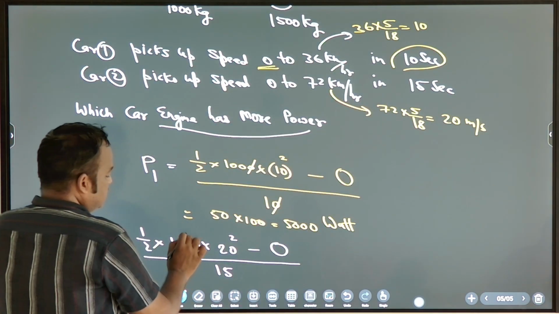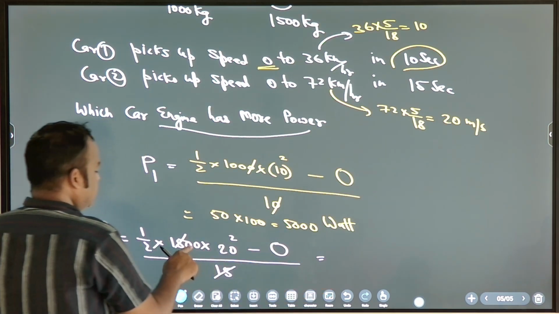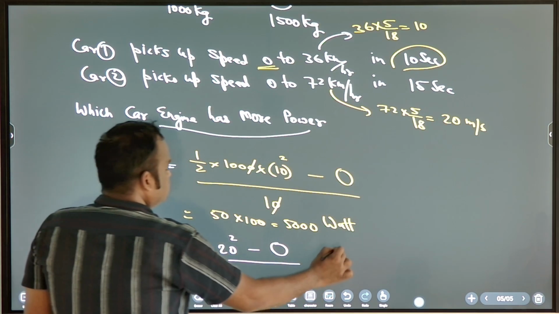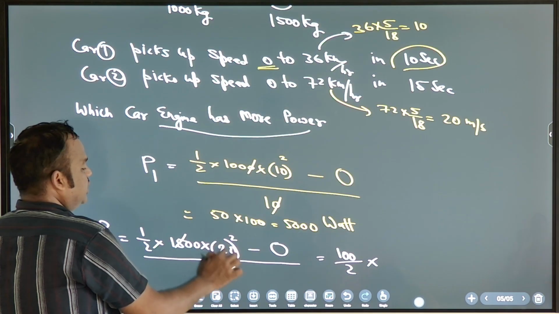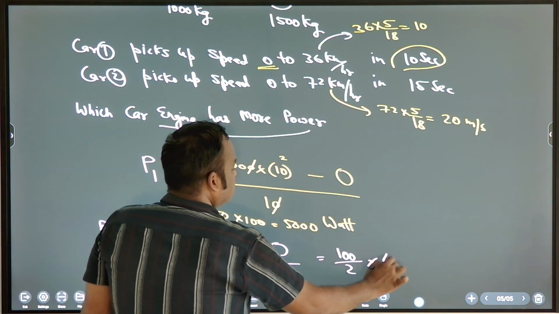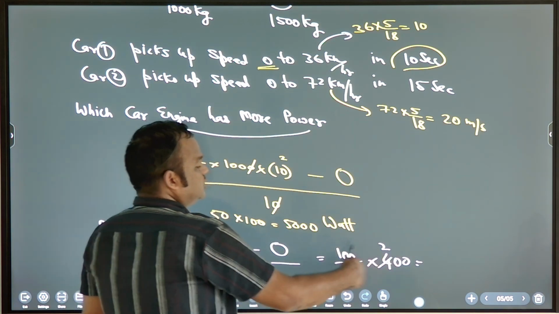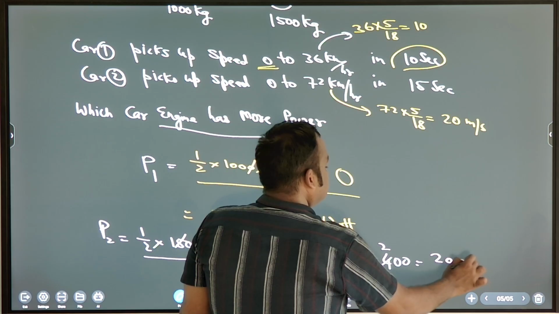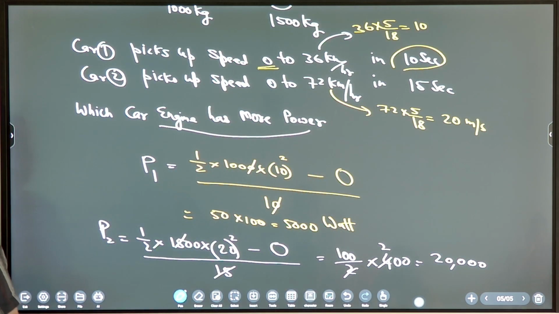So the 15 and 15 cancel. This is 100 by 2 into 400, since 20 square is 400. So this will be 20,000 watt. Check it.